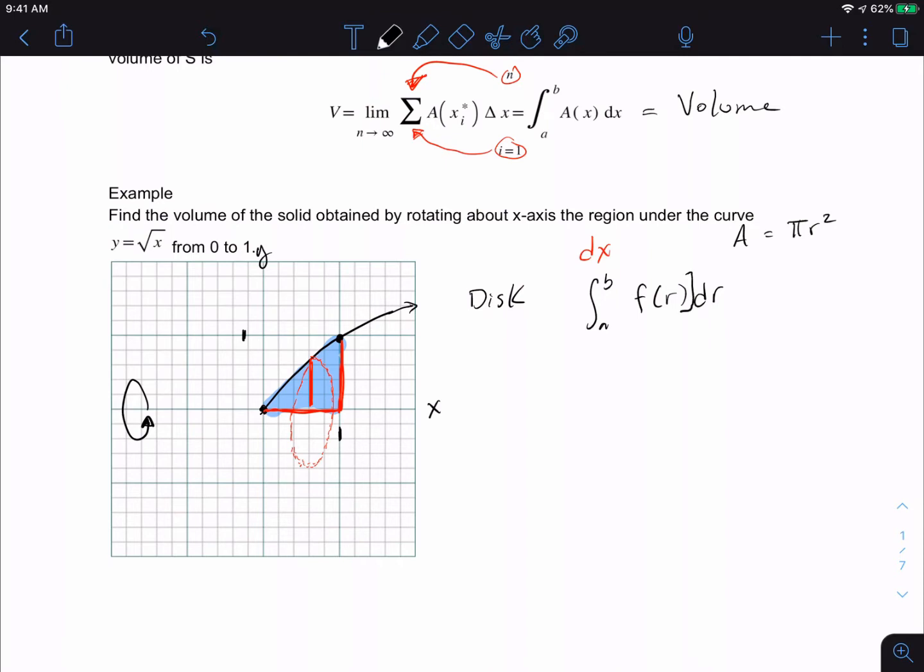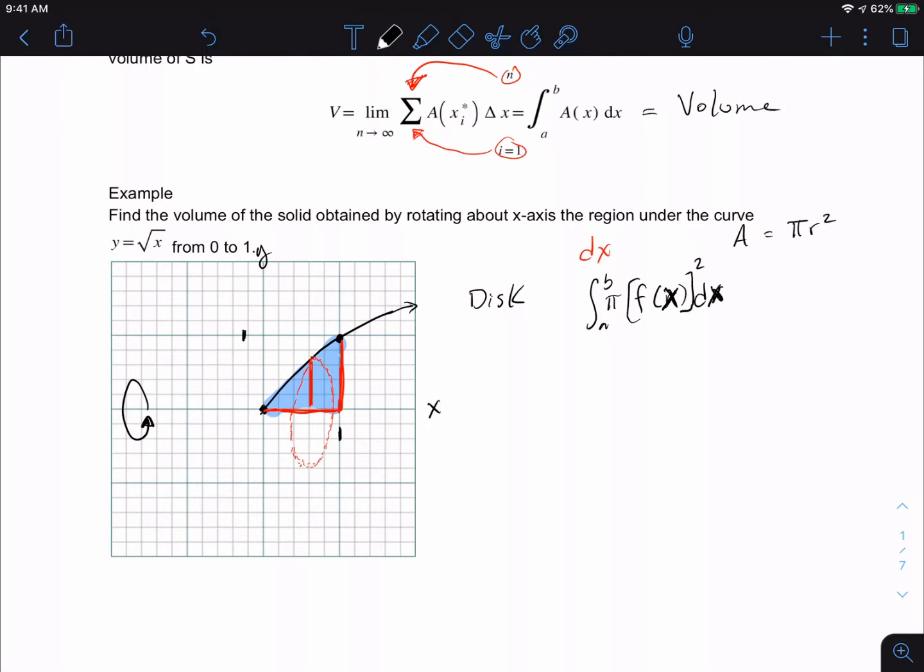So this f of x, I should call this f of x because I don't want you guys to mess this up. This f of x is the radius. I'm squaring it. What do I need in my integral for the area? Don't I need pi? That's right, I need pi.